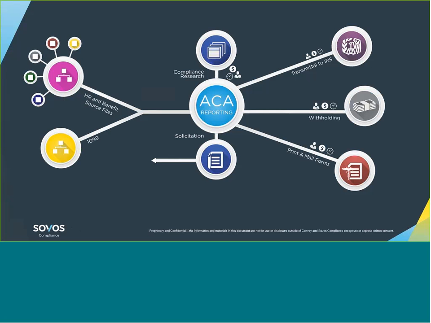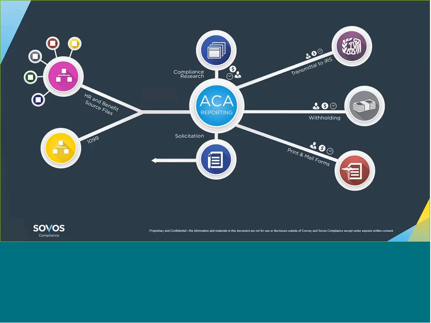The reason that we know this tax information reporting process so well is because it is very, very similar to what we've already been doing for the last 30 years with the 1099 process. Running it through a 1099 reporting engine, being able to transmit to the IRS, print and mail forms, and also be able to conduct backup withholding, which currently is not part of the Affordable Care Act, but is part of the tax information reporting process.